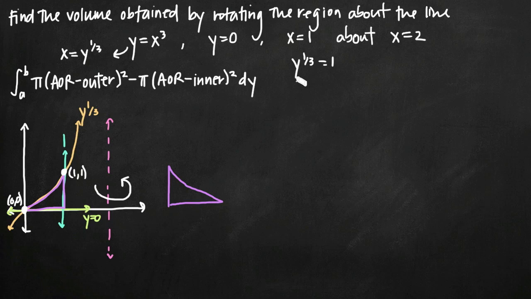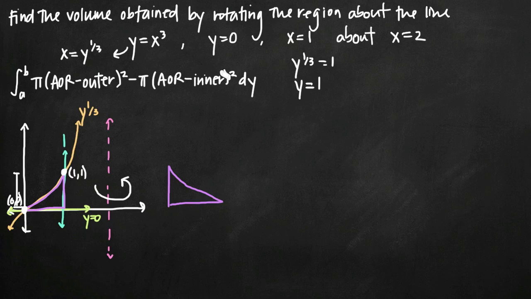We could cube both sides and we'd get y equals 1. Those are our limits of integration, our values for a and b. So a will be 0 and b will be 1, because we're going to be integrating on this range for y from 0 to 1.